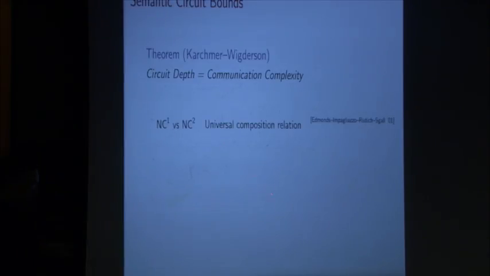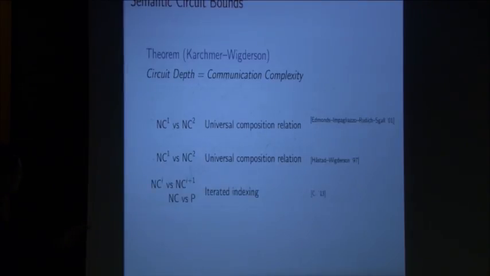A certain computational problem called universal composition relation, which was talked about earlier, is suggested as an approach to separate NC1 from NC2, and certain separations under restrictions were obtained. This result considers a different problem, so it's incomparable, but morally it seems to suggest a stronger separation, that you separate the whole of the hierarchy and it's different from P.